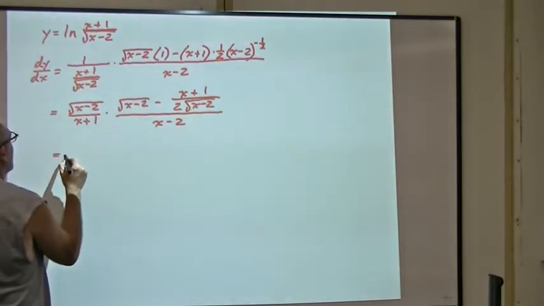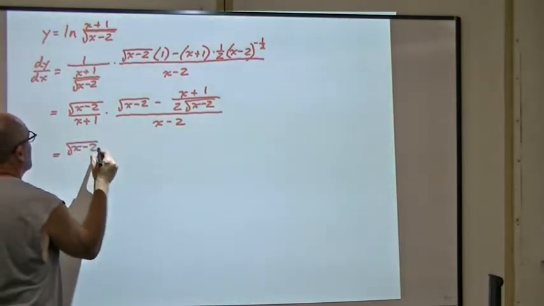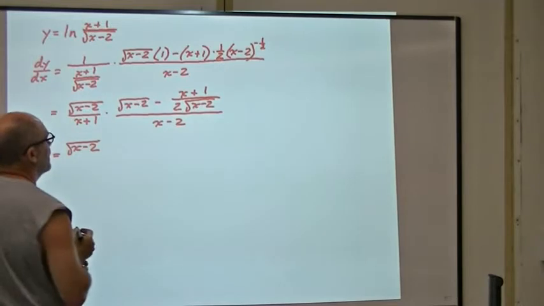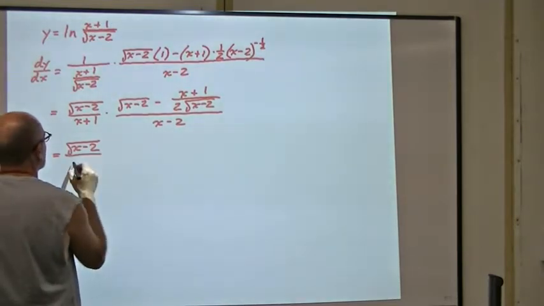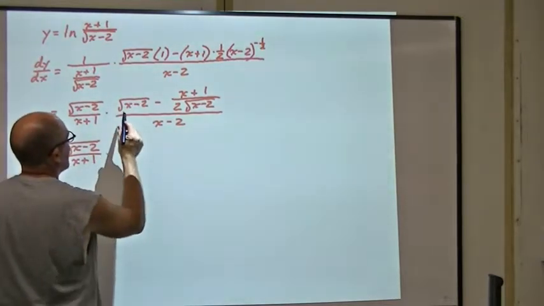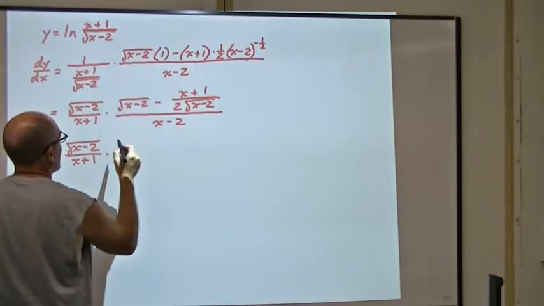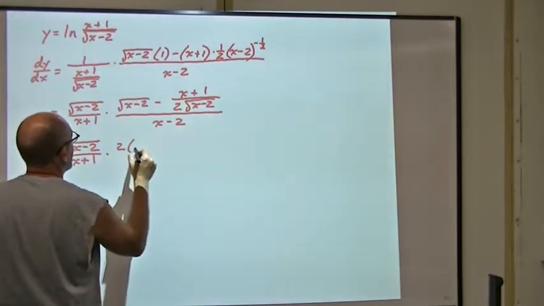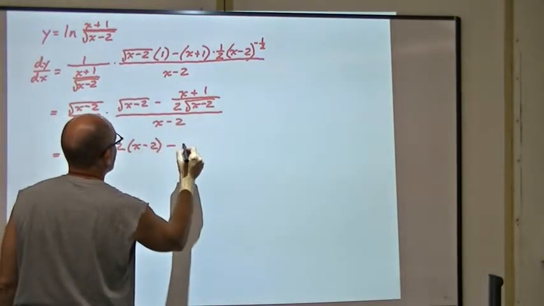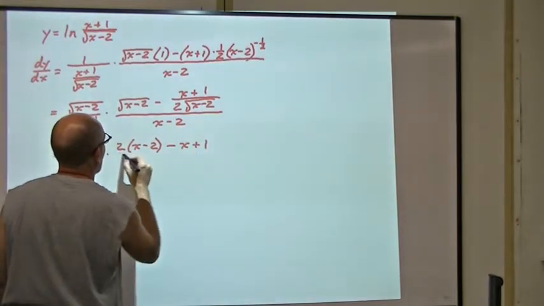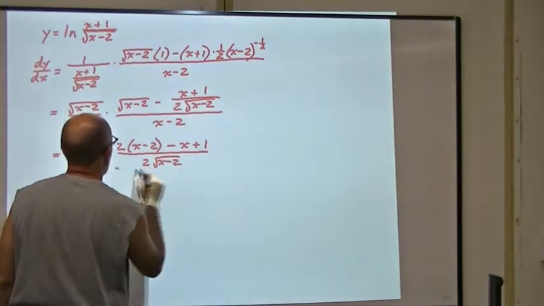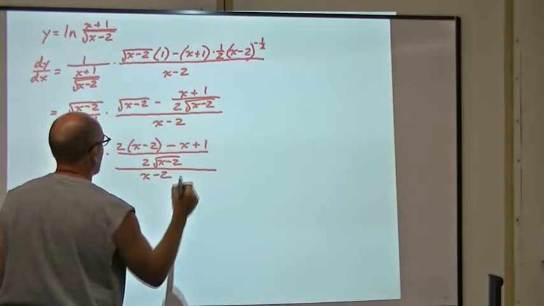So we've got square root of x minus 2 times, now if I make the common denominator actually 2 square root of x minus 2, so I have to multiply the top by 2 square root of x minus 2, so this becomes 2 times x minus 2, and then this is minus x plus 1, all divided by 2 square root of x minus 2, all divided by x minus 2.